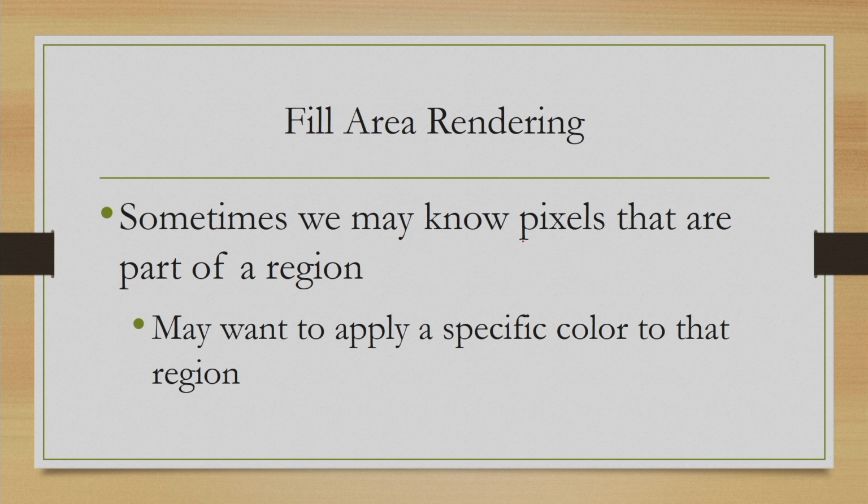Sometimes we may know pixels that are part of a region, and we may want to apply a specific color to that whole region. So, earlier we determined pixels that are part of a single line or the circle boundary, but sometimes there may be situations where we may go for assigning colors to a region rather than a line or a boundary.